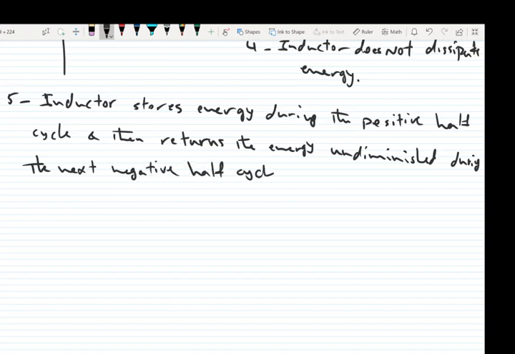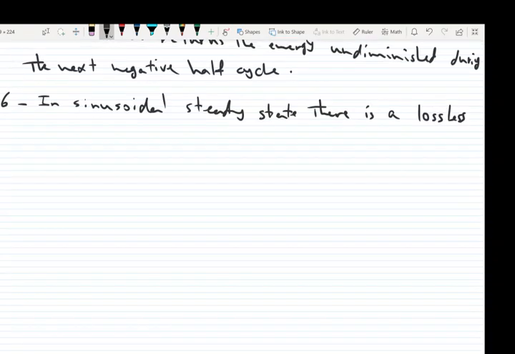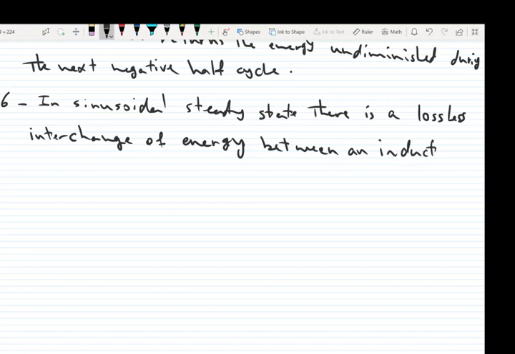Okay, and the last conclusion is we can say in sinusoidal steady state, there is a lossless interchange of energy between an inductor and the rest of the circuit.